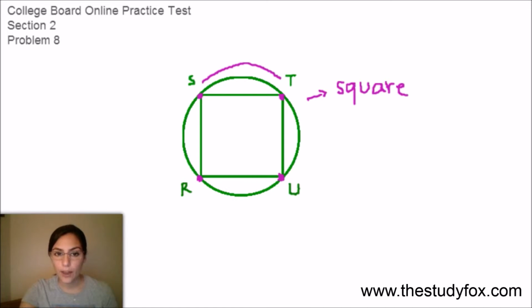So if you add up all the degrees in a circle, it's always going to equal 360. And you can remember that using common phrases like a 360 degree view, which is where a camera spins in a circle to show you all the sides of the room. So 360 degrees is going to equal your circle.